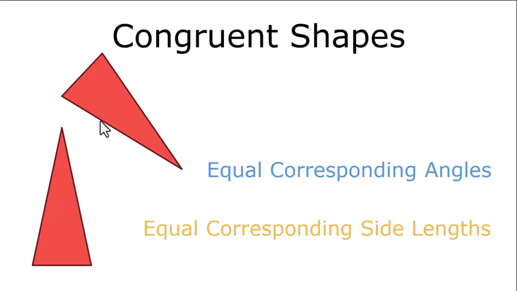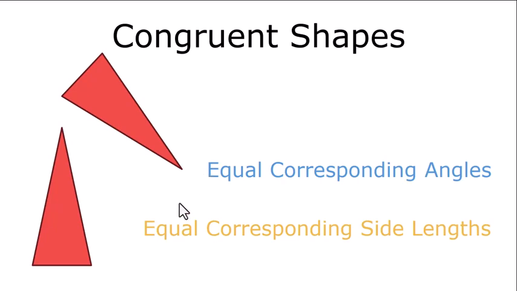So being able to talk about congruence, and use transformations to justify congruence, is important. This triangle right here has been rotated, which is one of the transformations we're going to talk about today. Even though the shape has been rotated, the angles are still equal and the side lengths are still equal, and that's why they're congruent shapes.